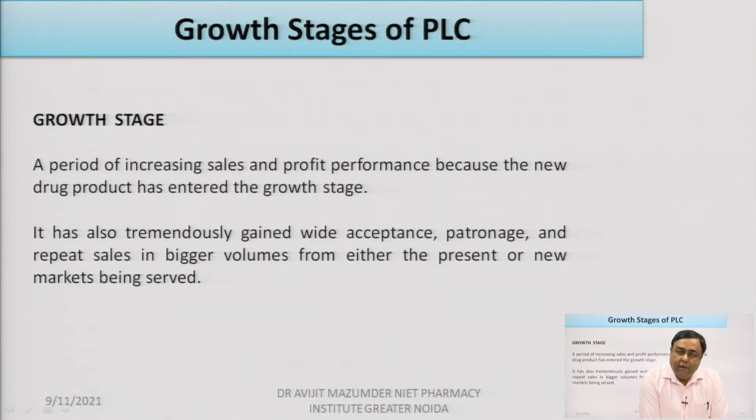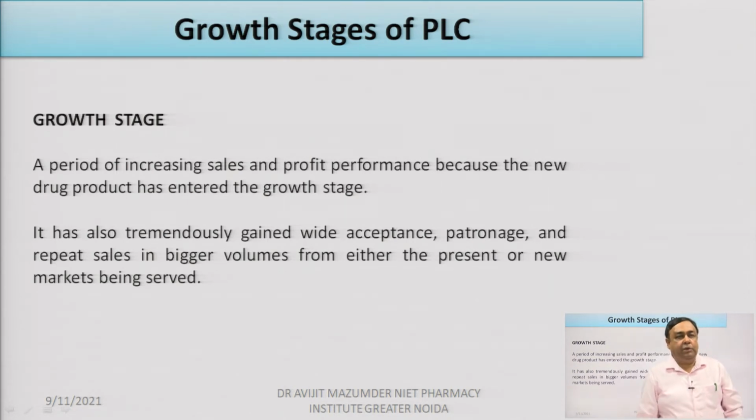And now, as we move on, the product sales increases, mind that profitability also increases. It is in this phase you have to gather as much profit as you can, because the product has already entered into the growth phase.